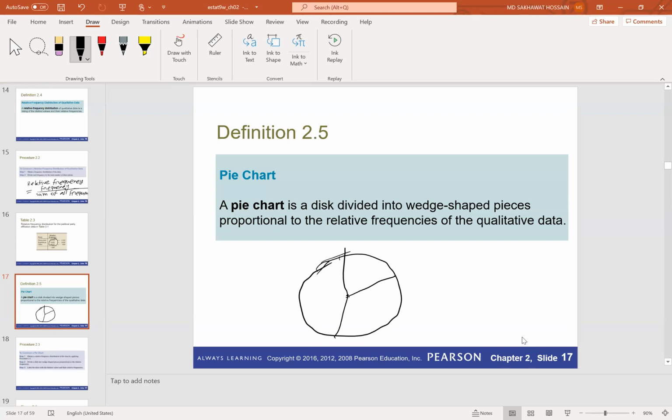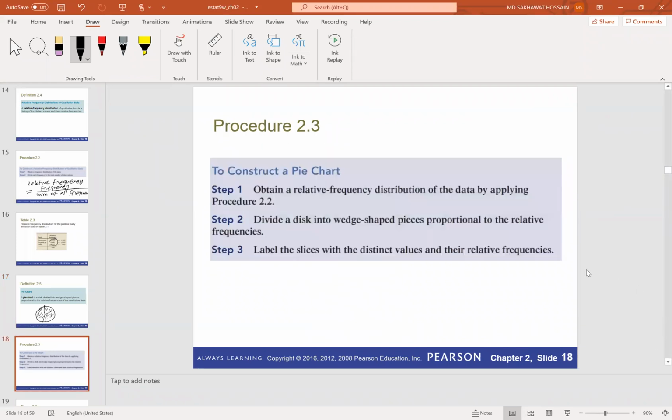If we have 3 distinct values, then we'll divide it into 3 parts, and each part will represent the relative frequency of the qualitative data, the proportional relative frequency. To construct a pie chart, the first step is to obtain a relative frequency distribution of the data by applying procedure 2.2.